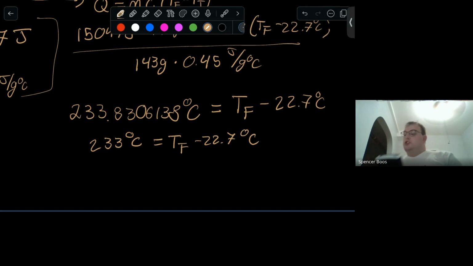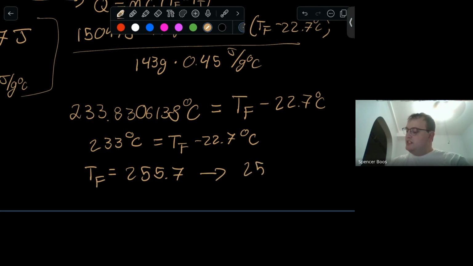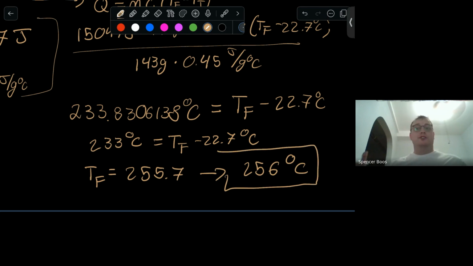So we add 22.7 degrees Celsius to both sides, 233 plus 22.7, and we get T final is equal to 255.7, which rounds to 256 degrees Celsius as your final answer.